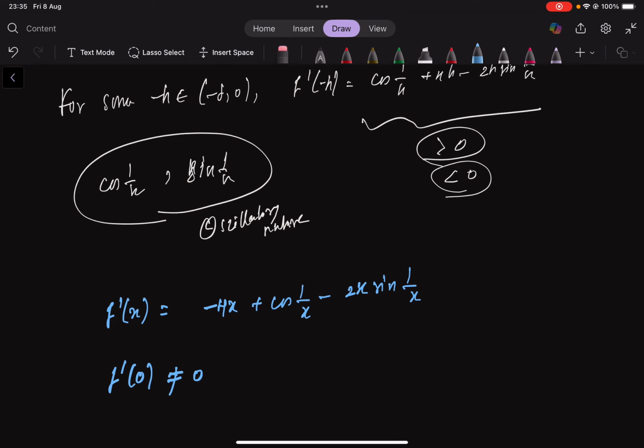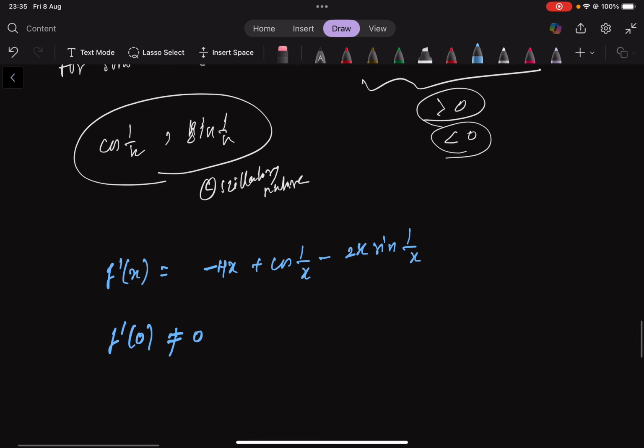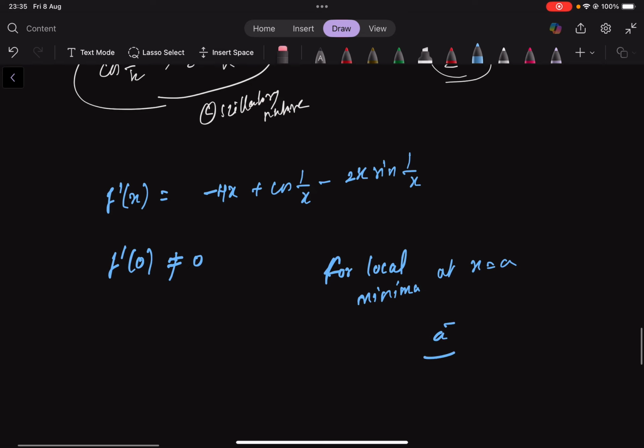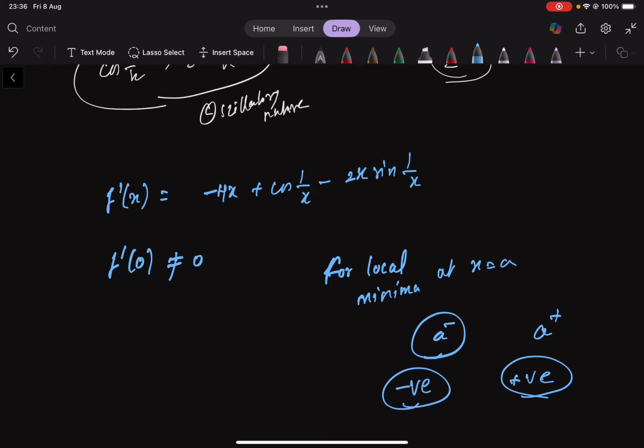Now the second way to see this: we are not sure whether the derivative is 0 or not because of its oscillatory nature. The other way of seeing whether it is a local minima or local maxima: for local minima at x equals a, at a minus the function should be decreasing, so the derivative is less than 0, and in the a plus, the right side neighborhood, the derivative should be positive.